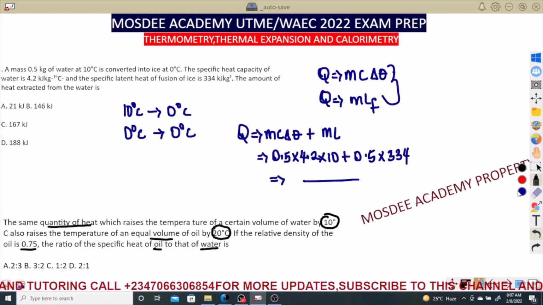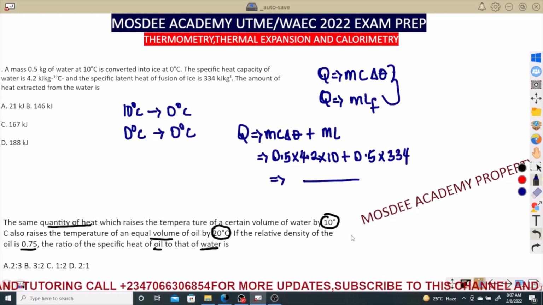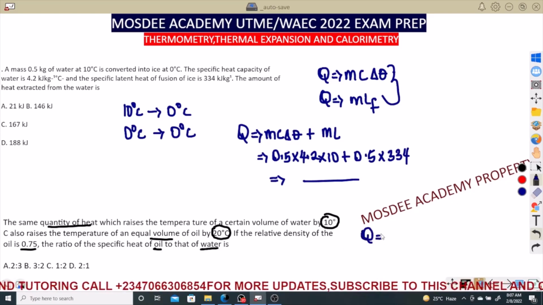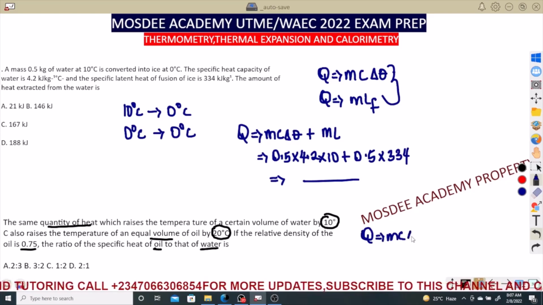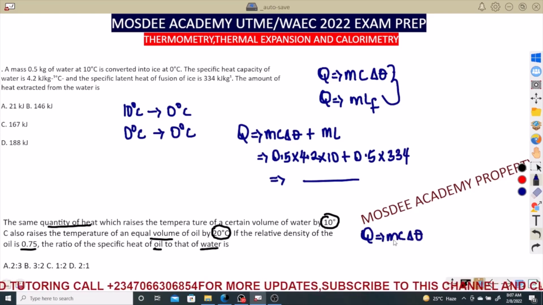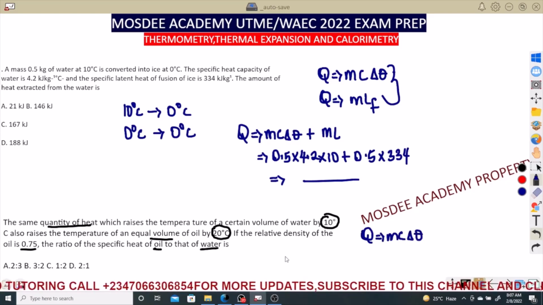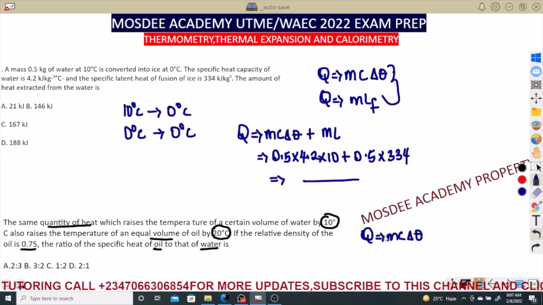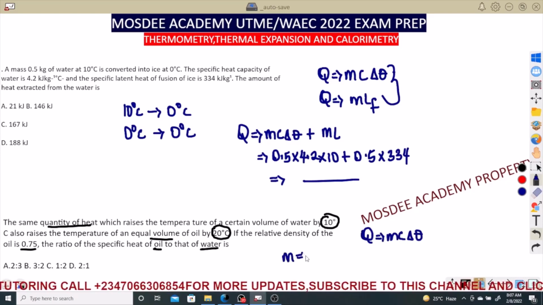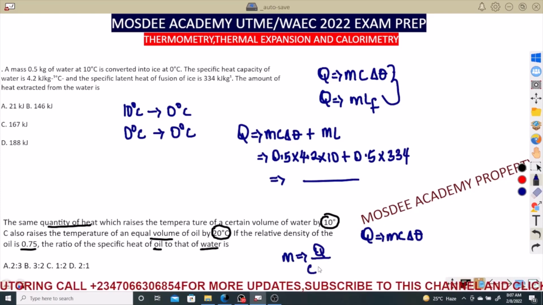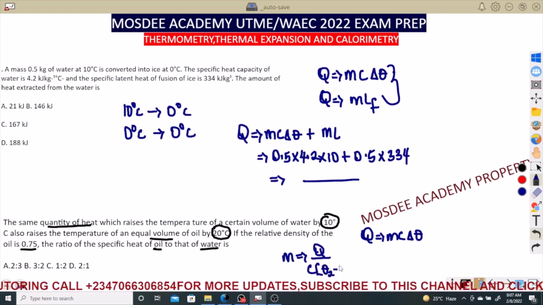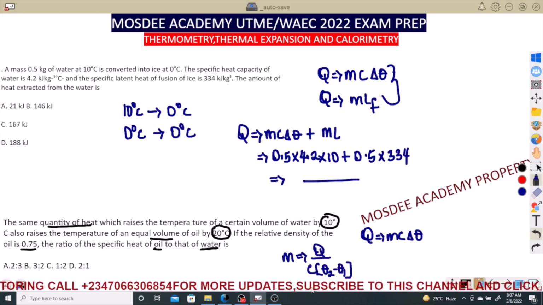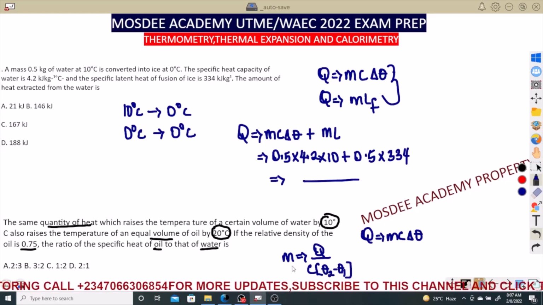Well, I think this is also very simple, just relationship wise. We say the quantity of heat is always equal to MC change in temperature. If we make mass the subject of the formula, because the same quantity of heat was passed, Q is constant. I can say mass is equal to Q over C into bracket theta 2 minus theta 1. The relationship I want to make here is just for us to understand the process.